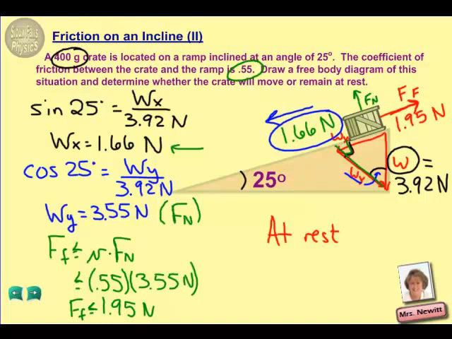But if I'm drawing a true free body diagram, I really should not put that at 1.95. Instead, I will only use as much friction as is needed to counteract the weight pulling down the ramp. So 1.66 newtons is the amount that is actually used. It does not need that maximum possible of 1.95.